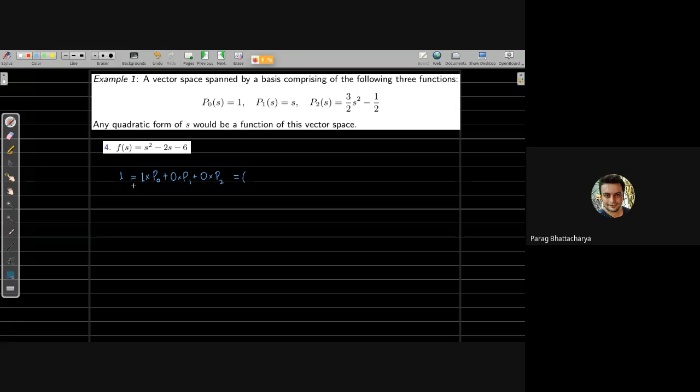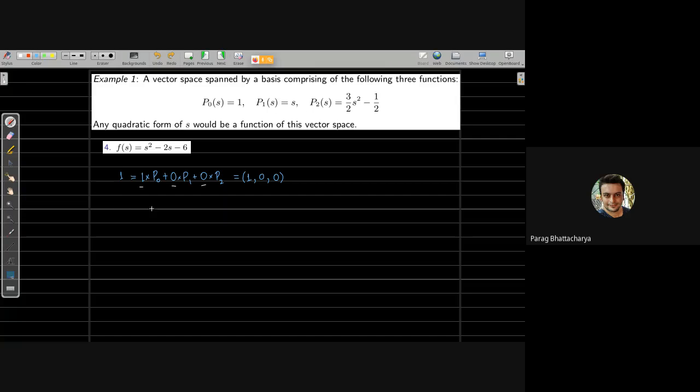Because these Legendre polynomials are already known to us, the coefficients are 1, 0 and 0. So you can just write this as 1 comma 0 comma 0. Next, what about s?